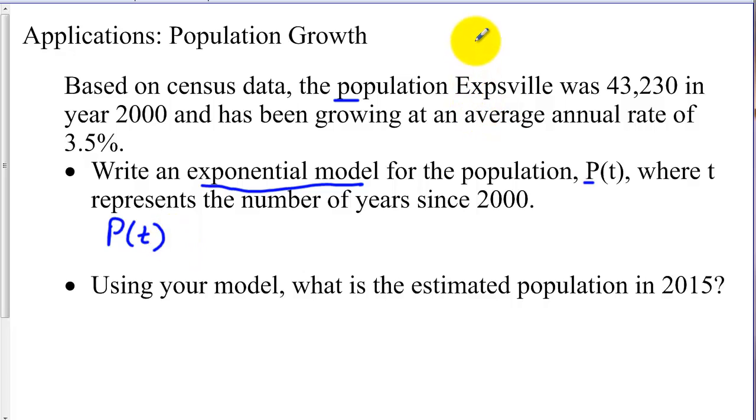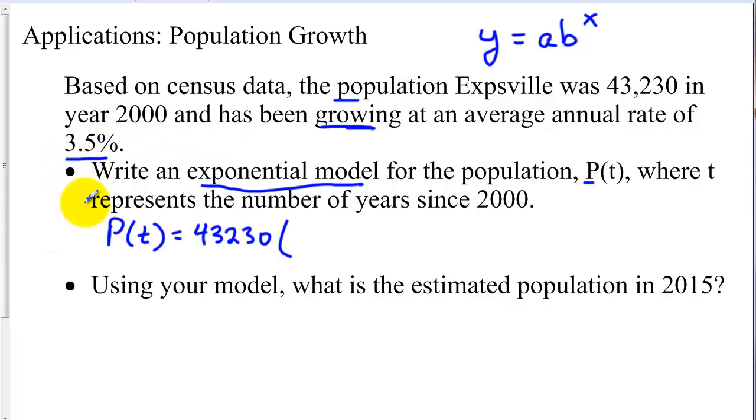And our model we're using is y equals a b to the x power. So y is our P of t. And remember, a is our initial value. So our initial population for this problem is given here. So 43,230. And now this is a growth thing because we're growing at 3.5% per year.